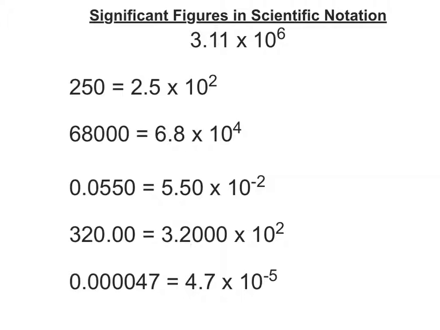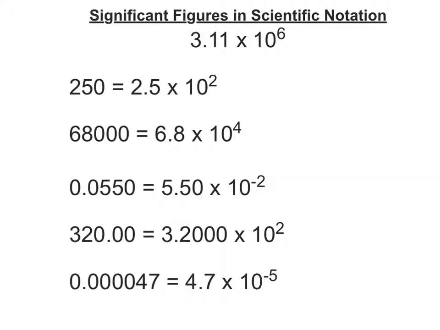And all the digits in the coefficient are significant. So first let's figure out how many significant figures this number has. And it has two significant figures. So we have to include all those significant figures in our coefficient. And we have to write it in a way that's higher than 1 and less than 10.